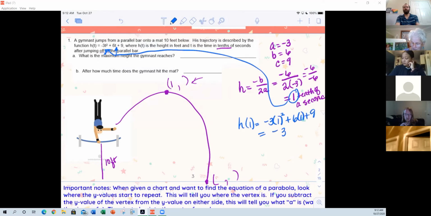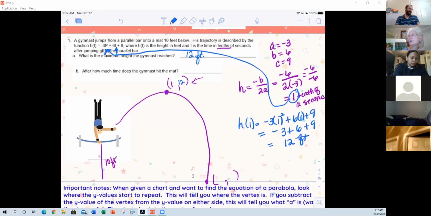And that would be -3 plus 6 plus 9, which would be 12 feet. So the answer, the maximum height that the gymnast reaches is 12 feet. Okay. So make sure you're reading the question and you're answering the question for full credit.